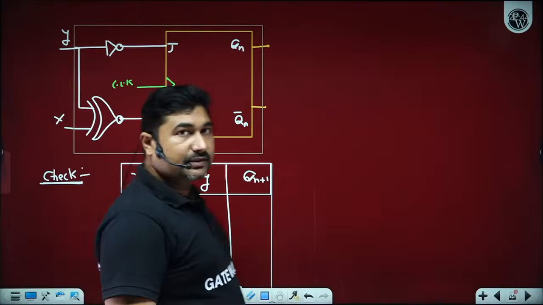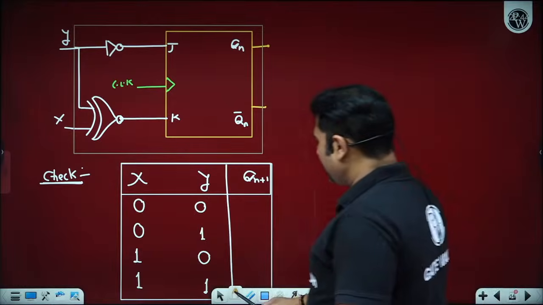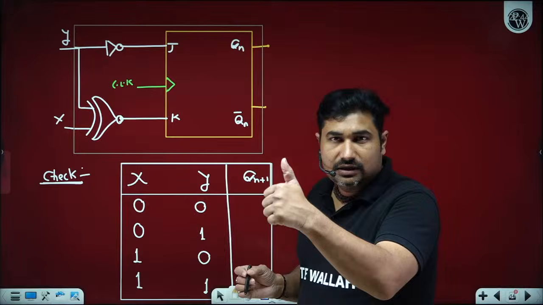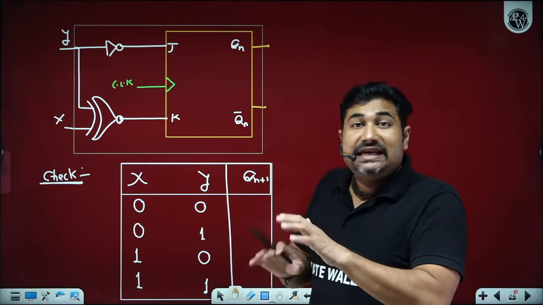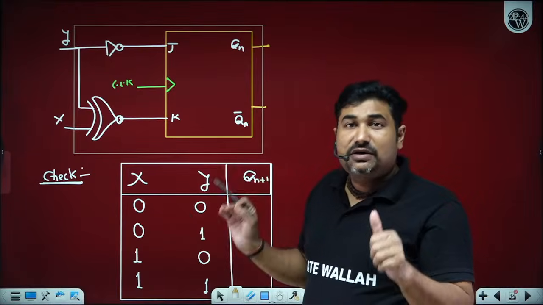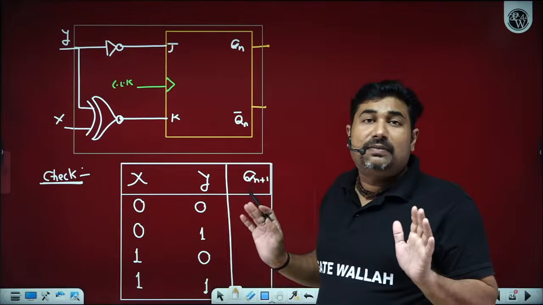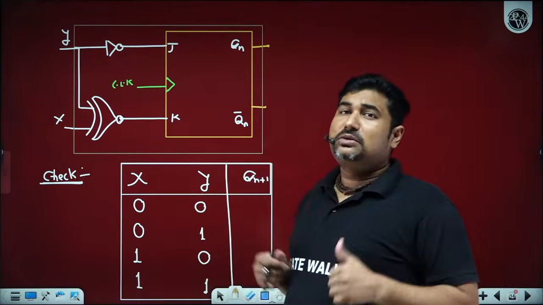Now please observe, what happens if X is 0 and Y is 0? In order to understand, we have to follow the thumb rule. The thumb rule suggests that to solve any sequential circuit, first of all identify the inputs to the flip-flop before applying the clock pulse, and then apply the clock pulse and follow the truth table.